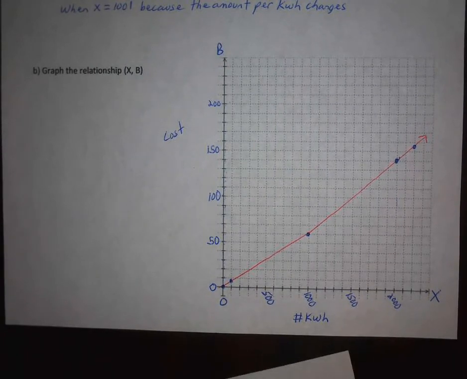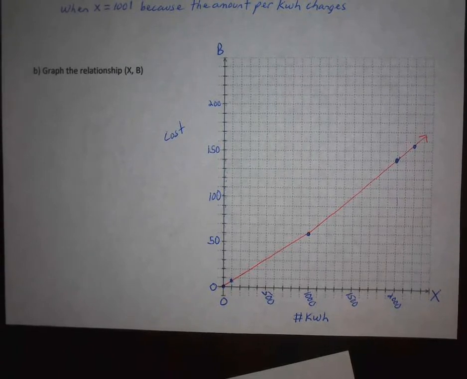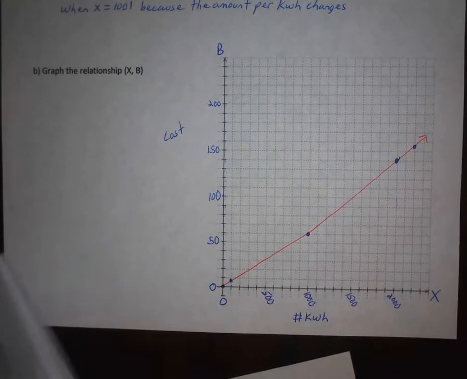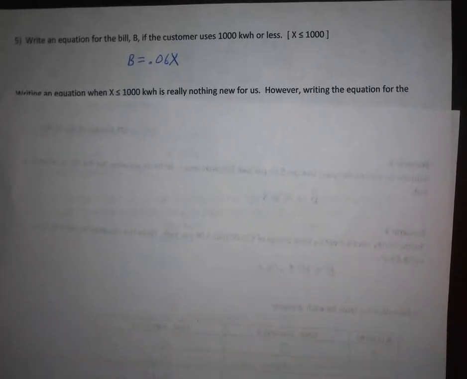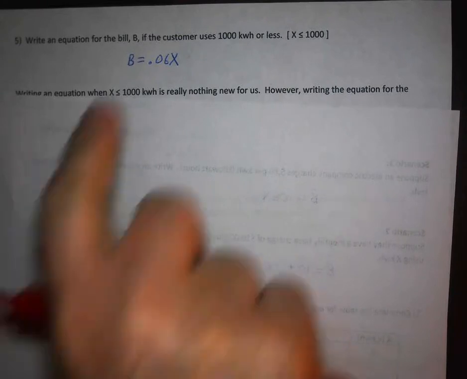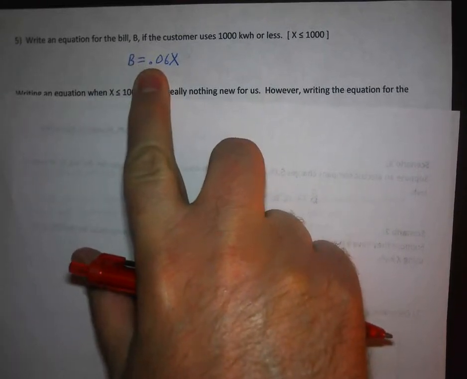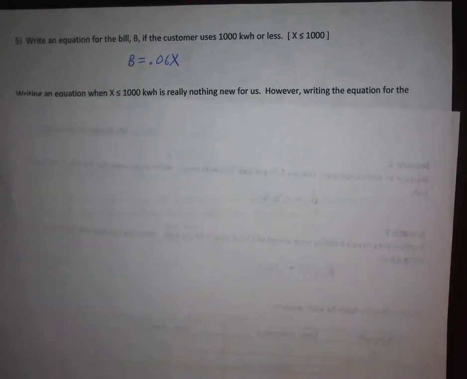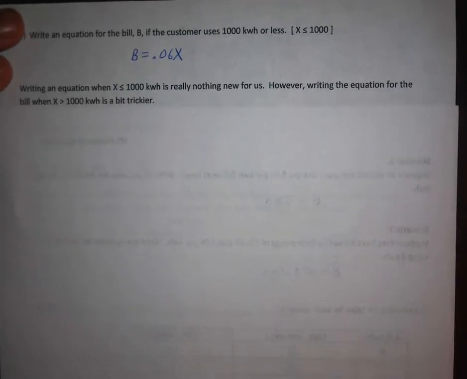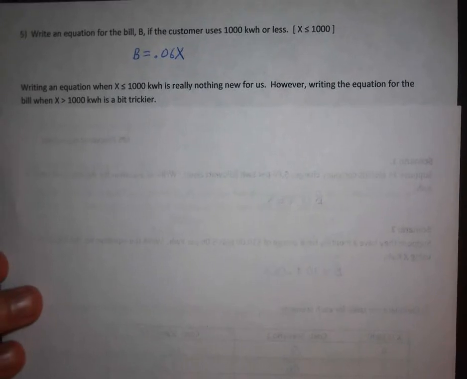Okay, so if we move on to the next page, for the first 1,000 kilowatt hours, the cost was B equals 0.06x. So again, there's nothing new there. Writing that equation is something we should have been able to do without a problem.